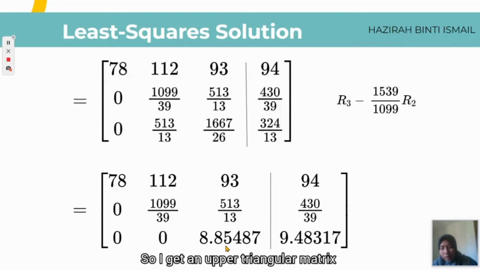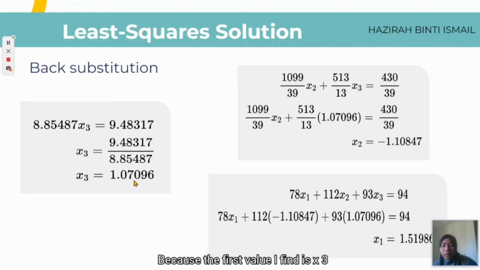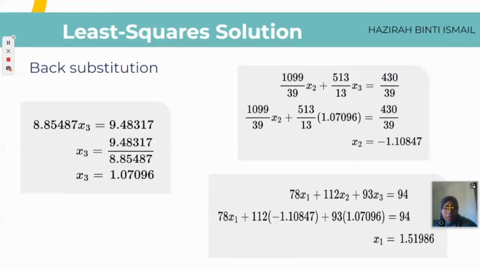Then the next step is I can do a back substitution because the first value I can find is actually x3, and the second one is x2, and the last one is x1. So I got the solution for the given problem using least square solution.